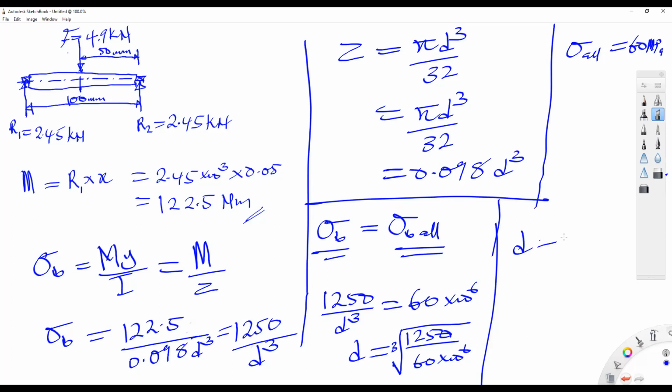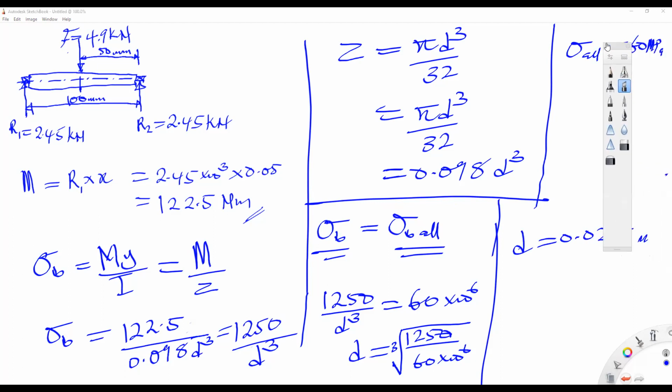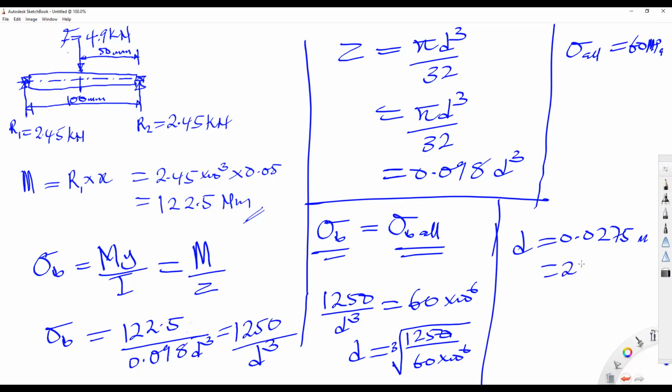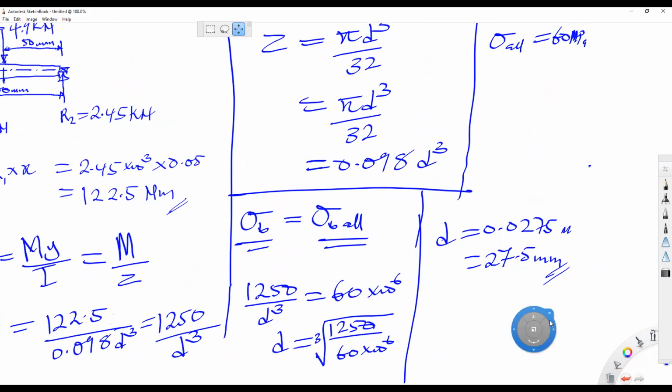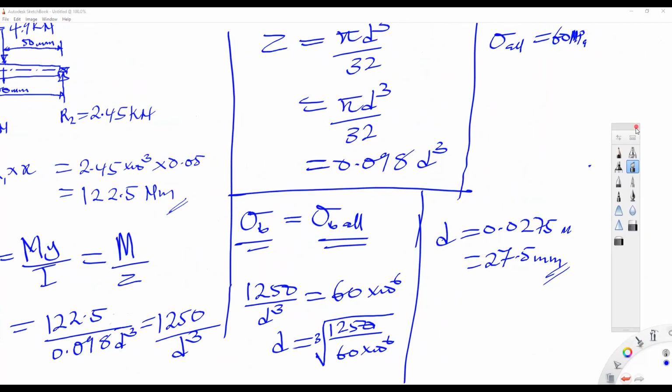So d is equal to 0.0275, and this will be in meters, and that is equal to 27.5 millimeters. Agreed? Are we okay? Yes, sir. Okay.